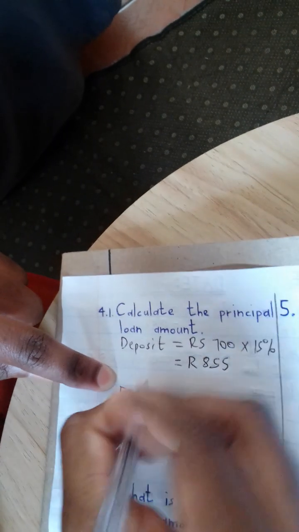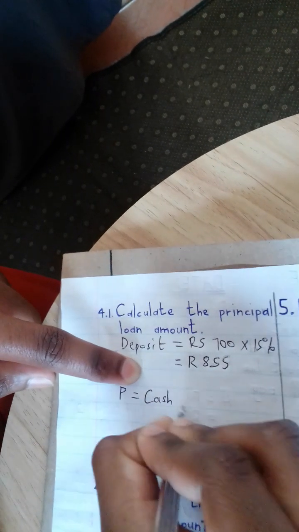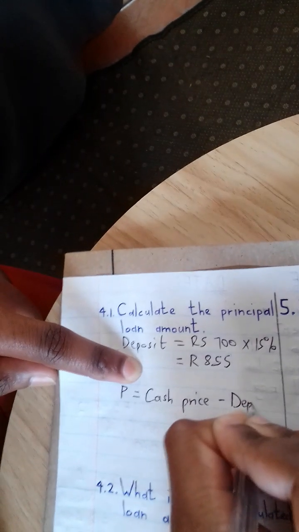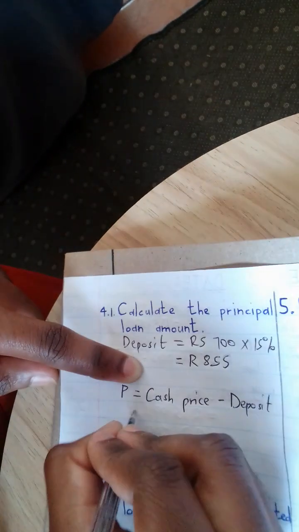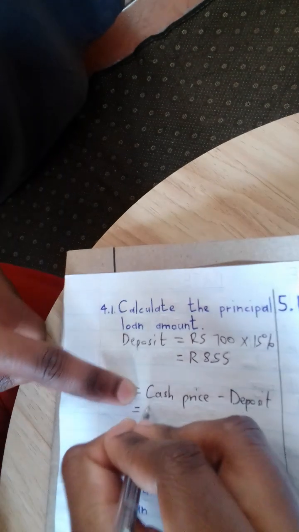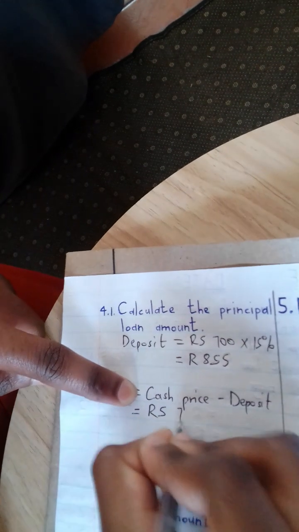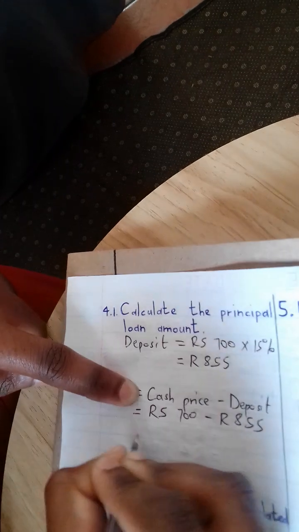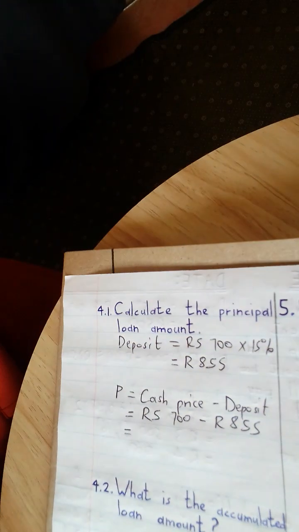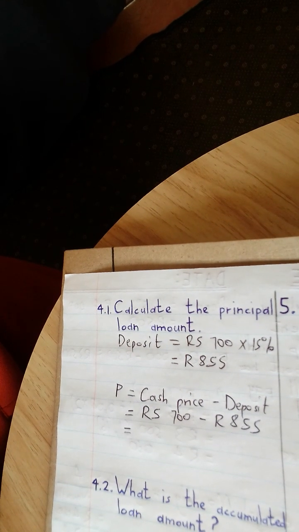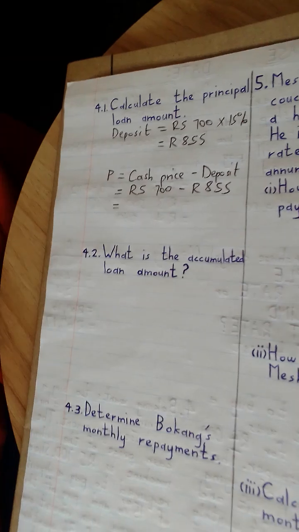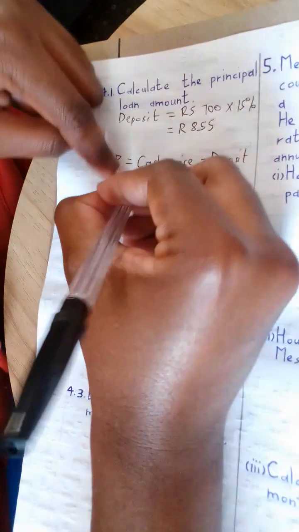The principal loan amount is the cash price minus the deposit. What is the cash price? 5,700 minus 855. I'm getting 4,845 rands.